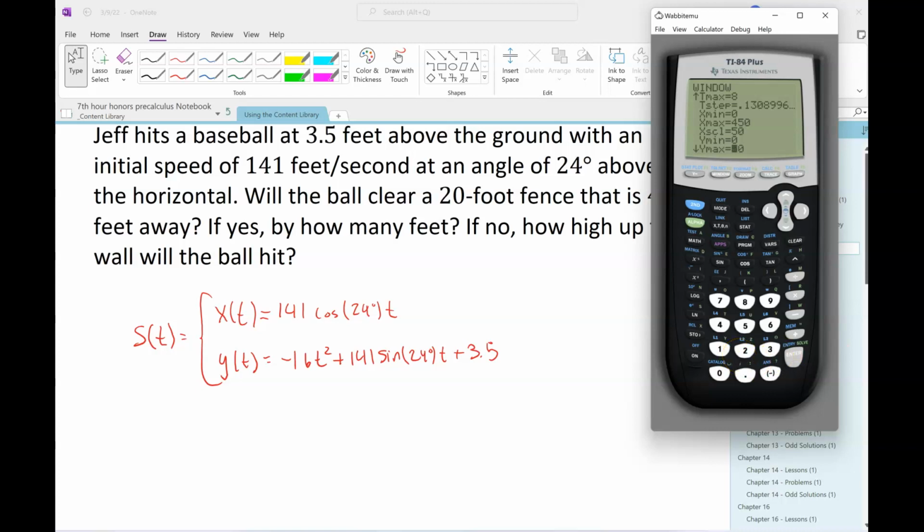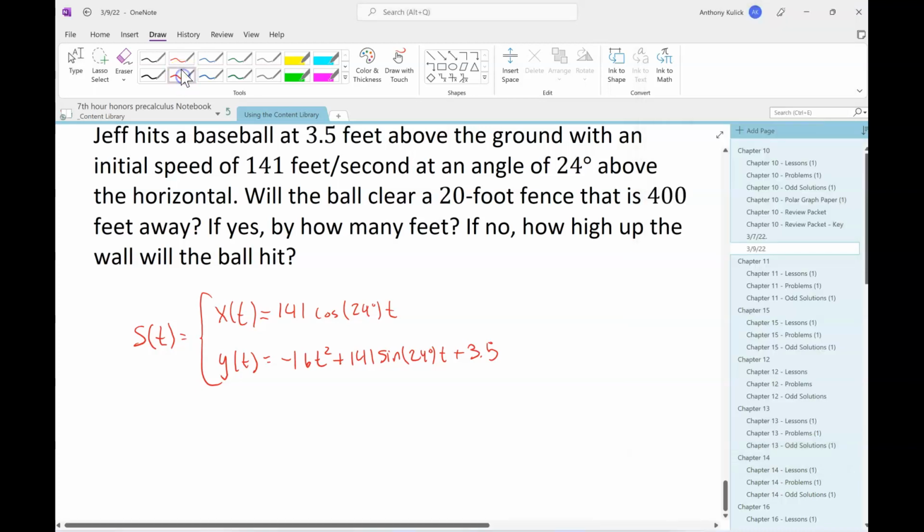And we're hitting the ball up into the air more, so I'm going to bump that Y max to maybe 100. There's my wall. There's my baseball. Whoa! Jeff, what a stud. So it looks like we're hitting dingers here, right? All right. So that's cool.